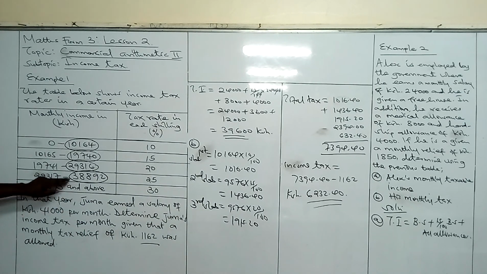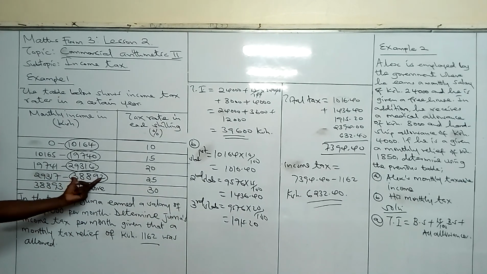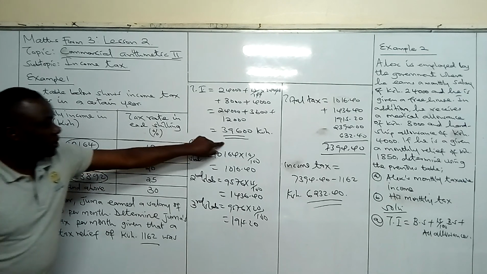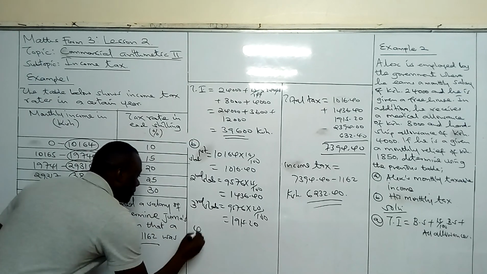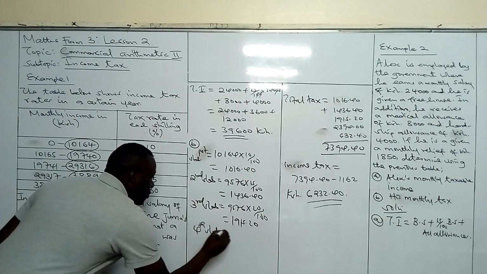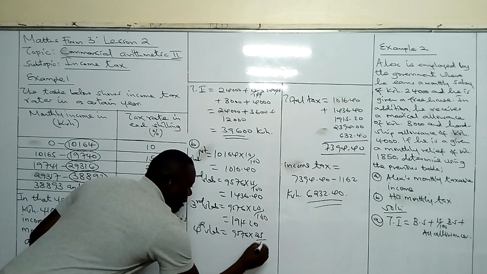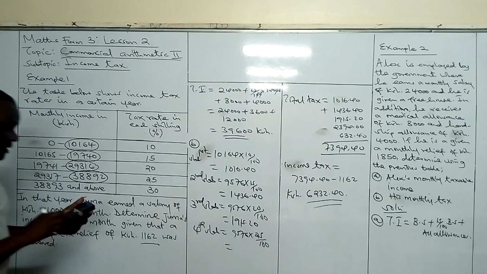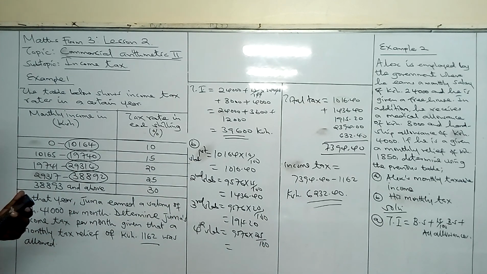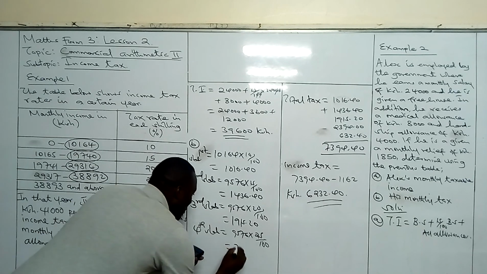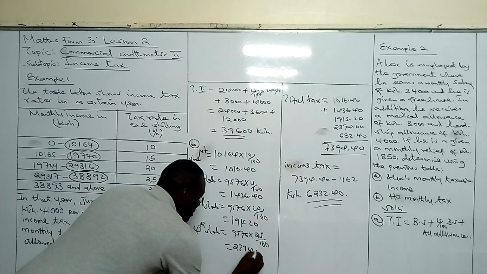I'm going directly to the fourth slab because this total we have here is less than what we have here. That's why I'm going directly to the fourth slab, whereby we will use 95.76, and you know the reason why. From our previous example, we ran that. So we will have 95.76 times 25, then we divide by 100, whereby we obtain 2394.00.